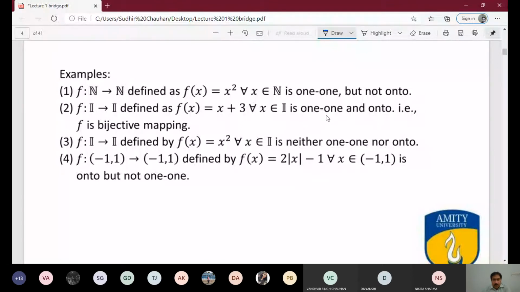In this case, for each and every x we get one f(x), so it is a bijective mapping. Third, if the mapping is from I to I defined by f(x) = x squared for all x belonging to I, it is neither 1-1 nor onto. And if the mapping is from {-1, 0, 1} to {-1, 0, 1} defined by f(x) = 2|x| - 1 for all x belonging to this set, it is onto but not 1-1. So these are some examples of different mappings.